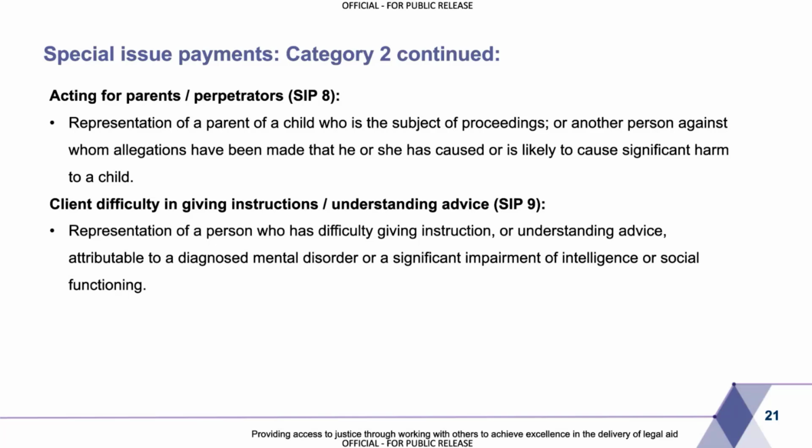And SIP number 9 is applicable where the client has difficulty in giving instructions or understanding advice. And this is applicable where the person represented has difficulty giving instruction or understanding advice, which is attributable to a diagnosed mental disorder or a significant impairment of intelligence or social functioning.